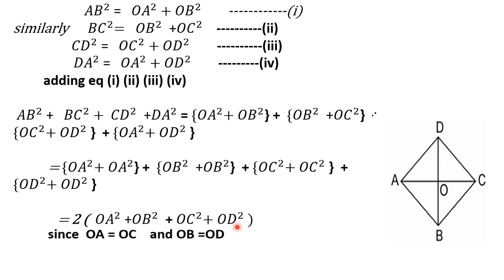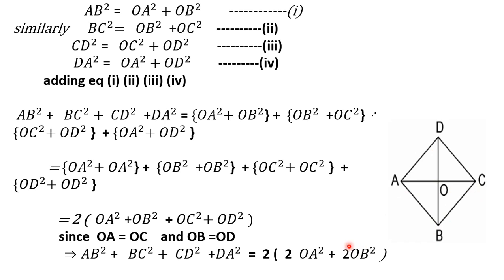Now, since in the previous slide we had written OA is equal to OC and OB is equal to OD, we can write OA in place of OC and OB in place of OD.